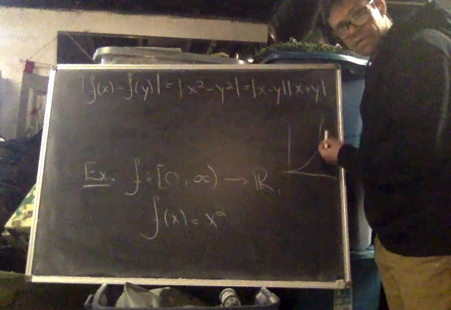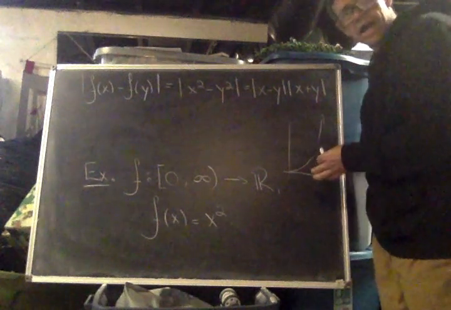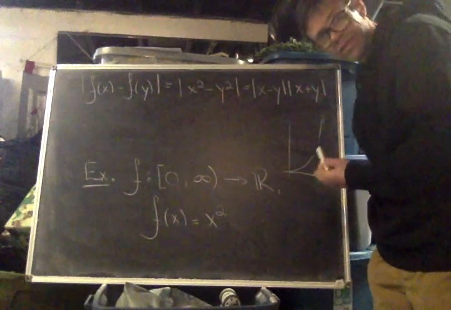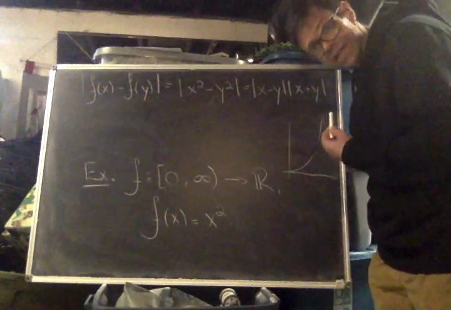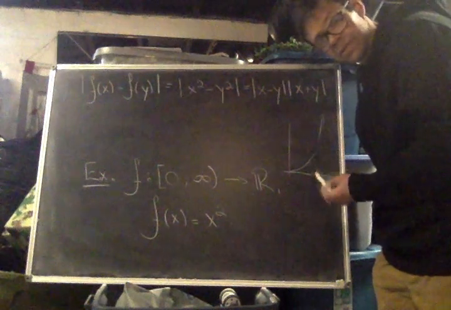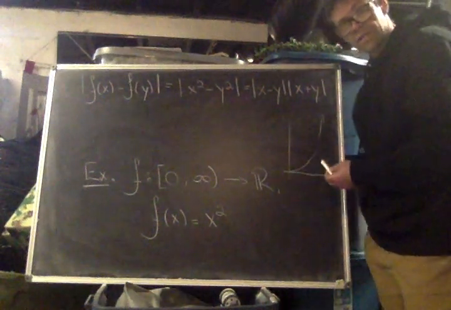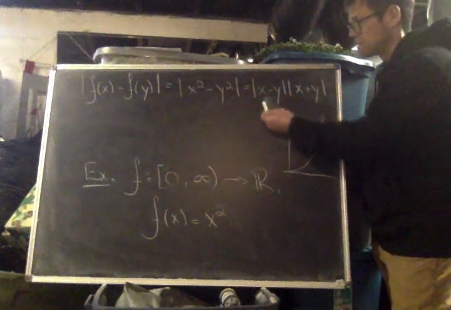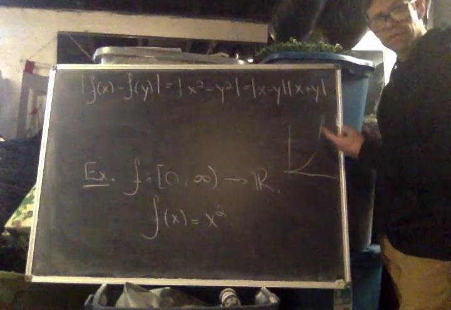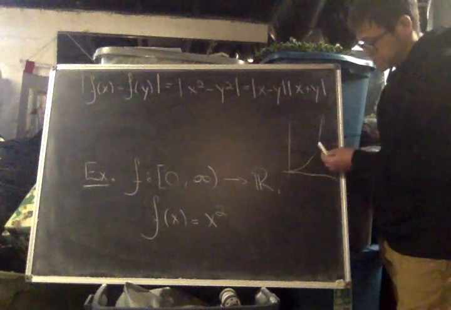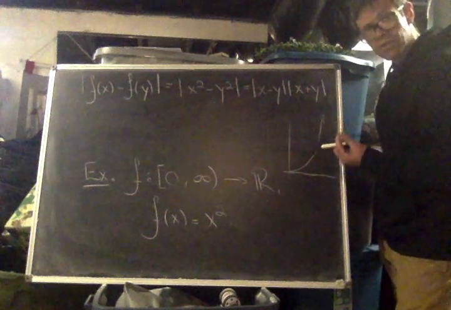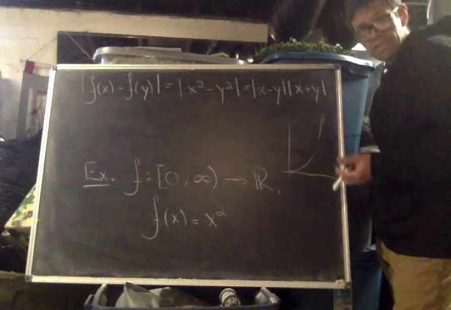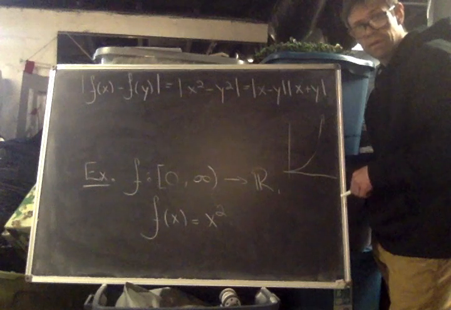And as we saw in that pictorial example at the beginning of class for the function f of x equals 1 over x, it's exactly when you get this kind of behavior, when the function gets steeper and steeper and steeper, that you lose this ability to say uniformly how close together x and y have to be in order to get the function values close together. Right? The steeper this thing gets, the closer x and y have to be in order to get the function values to simply stay less than 1 apart.